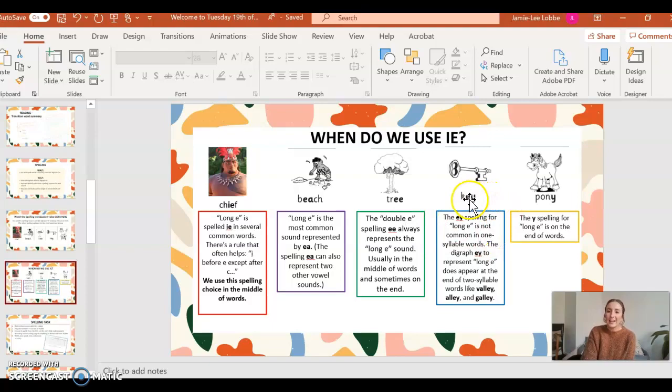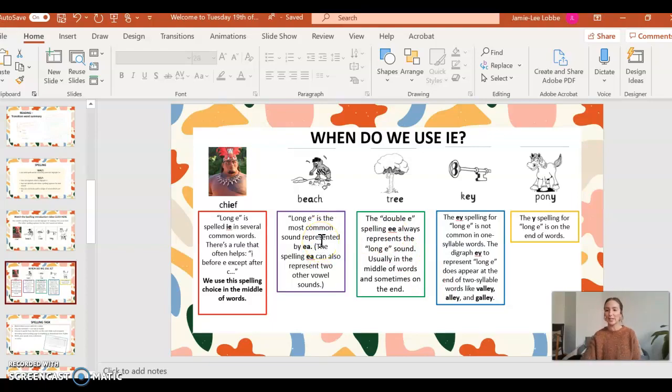EY, a spelling choice for long E, is not common in one syllable words. Really, key is the only one syllable word that you find EY in. You will see EY at the end of words in two syllable words. Valley, alley, galley, okay? EY can also represent other sounds, the same with EA, which also makes it tricky.